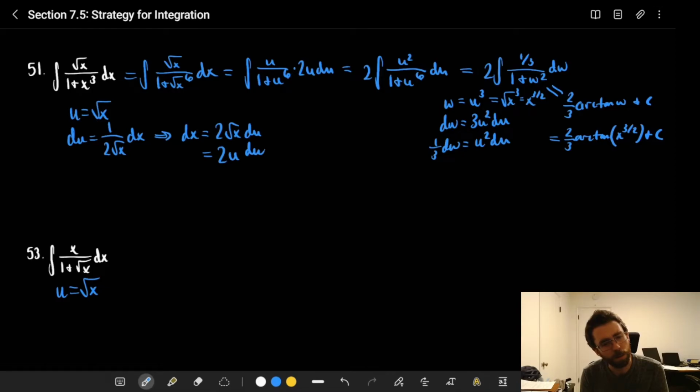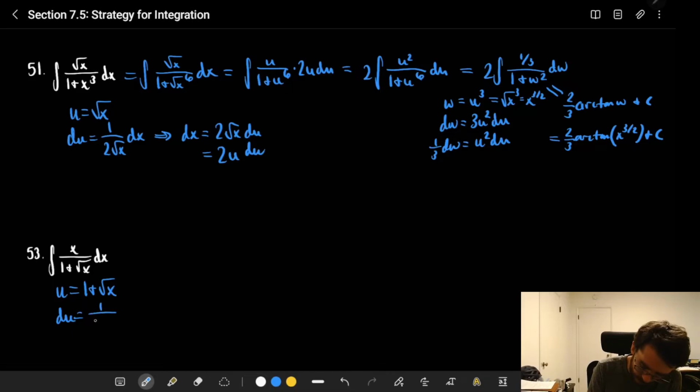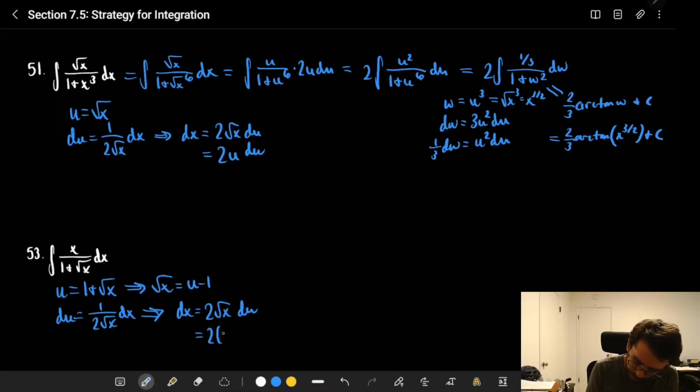That'll be 1 plus u. Try the whole denominator as u. Du still ends up being 1 over 2 root x dx. So dx, if you solve for it, is 2 root x du, but root x is u minus 1, so this is 2 times u minus 1 du. Let's just write it and see what happens.